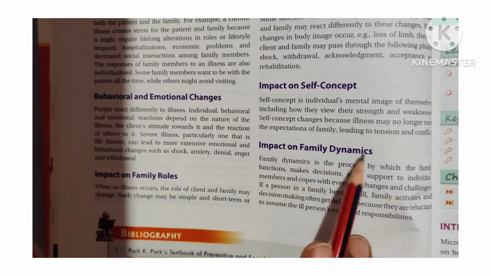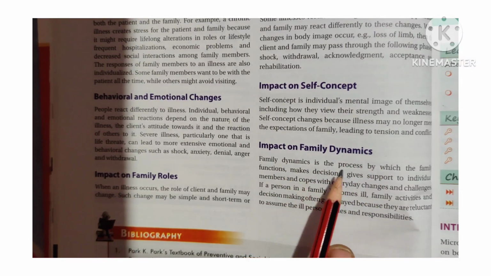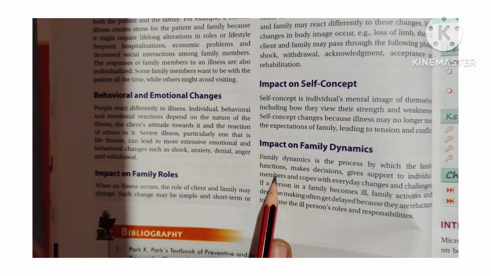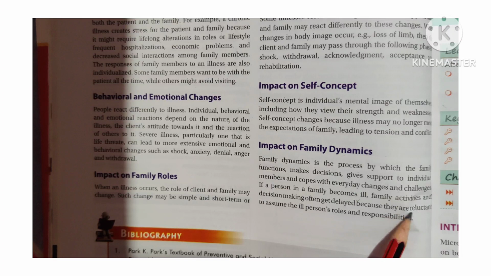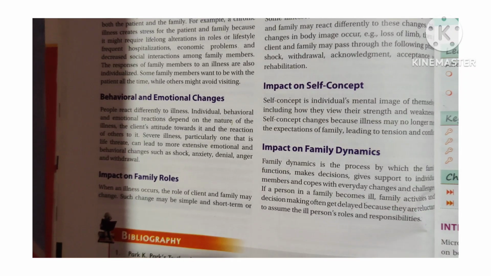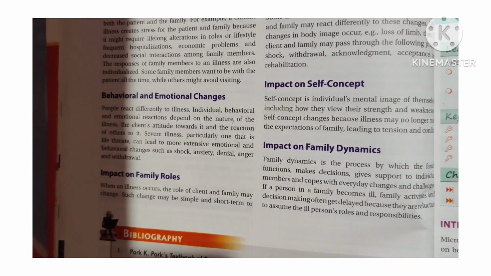Next is impact on family dynamics. Family dynamics is the process by which the family functions, makes decisions, gives support to individual members and copes with everyday changes and challenges. If a person in your family becomes ill, family activities and decision making often get delayed because they are reluctant to assume the ill person's role and responsibility. Suppose the father is very sick.